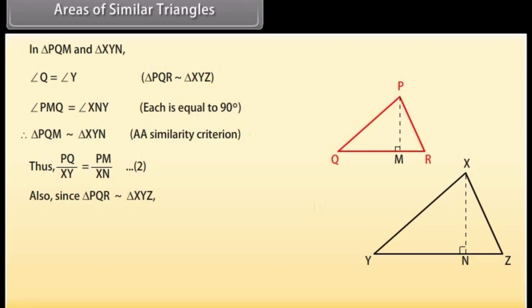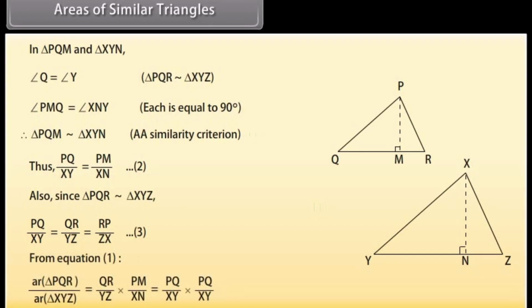Also, since triangle PQR is similar to triangle XYZ, PQ upon XY equals QR upon YZ, which is equal to RP upon ZX. Mark it as 3. From equation first, area of triangle PQR upon area of triangle XYZ equals PQ upon XY whole square by using equation 2 and 3.